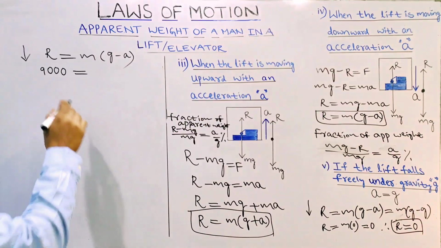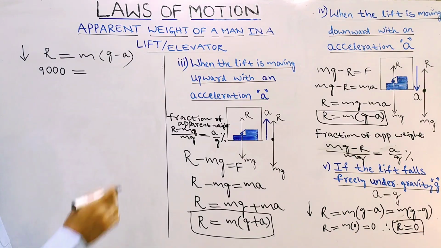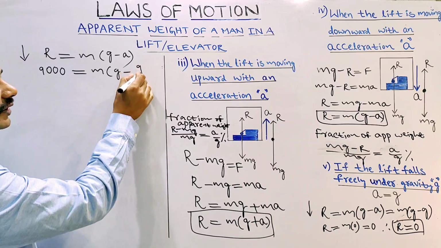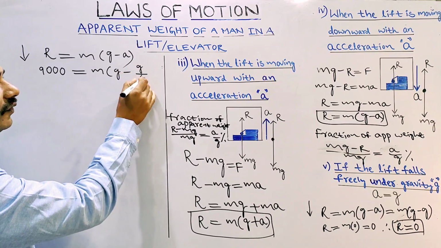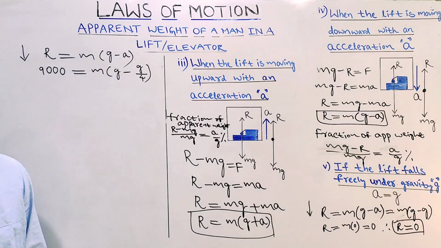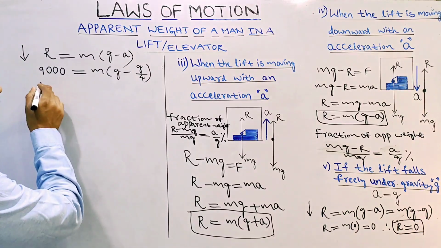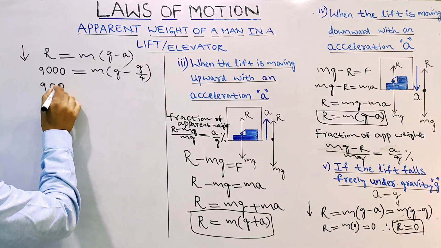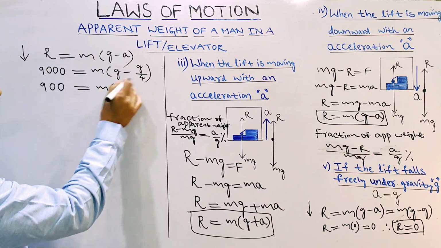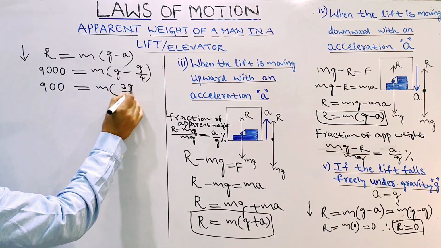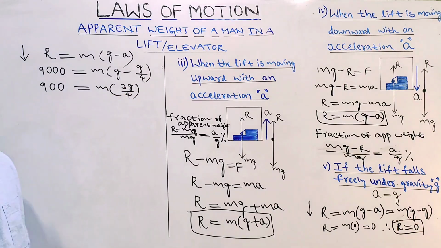So 9000 newtons is given, m into (g minus a), with a equal to g by 4. So 9000 is equal to m into (g minus g by 4). Here 4 is the LCM: 4g minus g, that is 3g by 4.